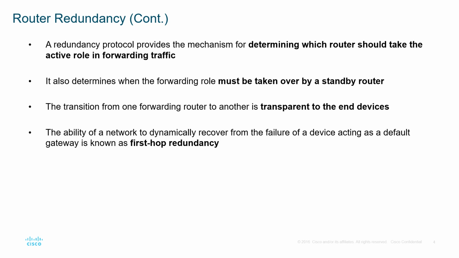In a first hop redundancy environment, you have an active router. This is the physical device that actively forwards your end user traffic. Then you have a standby router. Your standby router is your backup device. It listens for hello messages and it is ready to take over only if your active router goes down.